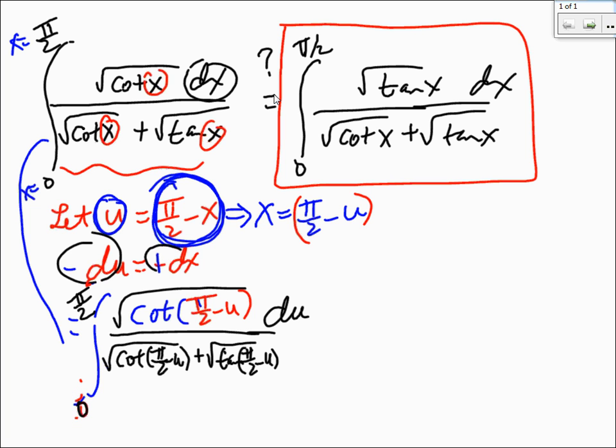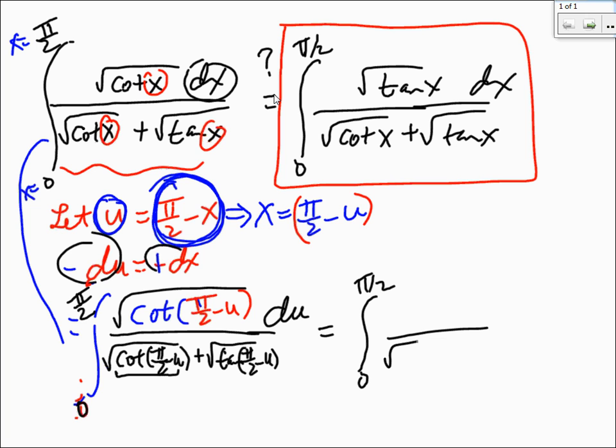Now, here is where things come together nicely. It's the integral from 0 to pi over 2. Now, the bottom, since we're adding two cofunctions, we're doing the same thing to them. We're taking the square root of them, we're doubling them, we're raising them to the 19th power. Doesn't matter. This here is tangent of x, or u, I should say.